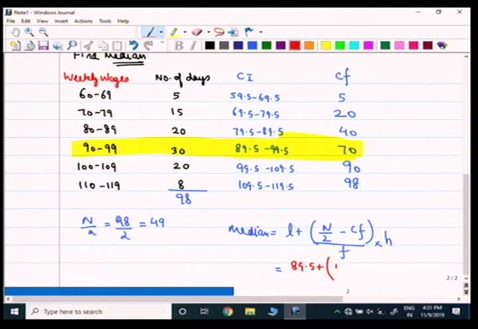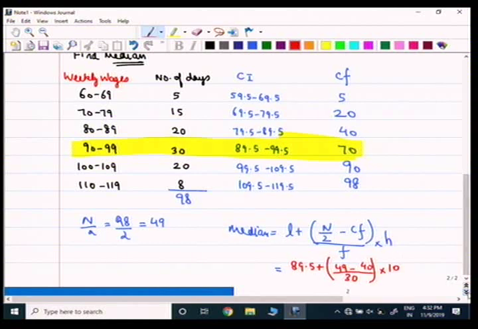N by 2 is 49. This CF is the cumulative frequency which is just above the median class, which is 40. And F indicates the frequency of the median class, which is 30. And H indicates the class size. So 89.5 to 99.5, that is 10.